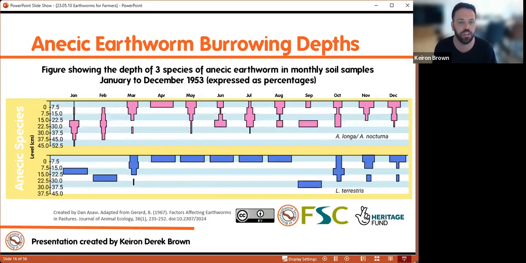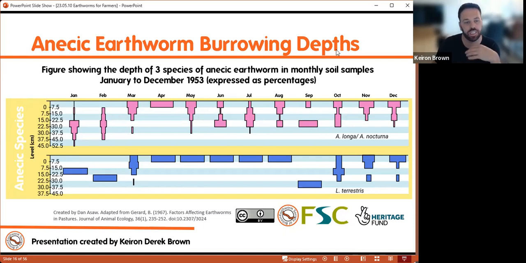So how deep does an anecic earthworm burrow? Well, it varies. Because their burrows are vertical, they can be found at all depths within that. And they might be nearer the surface at certain times of year and further down at other times of year.